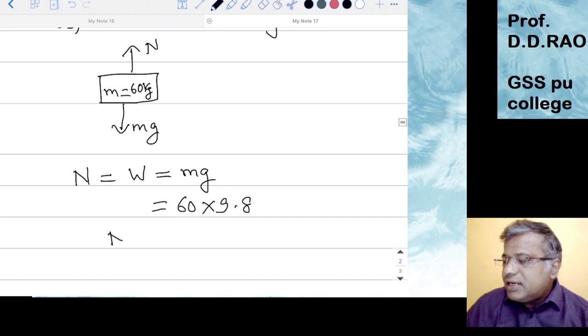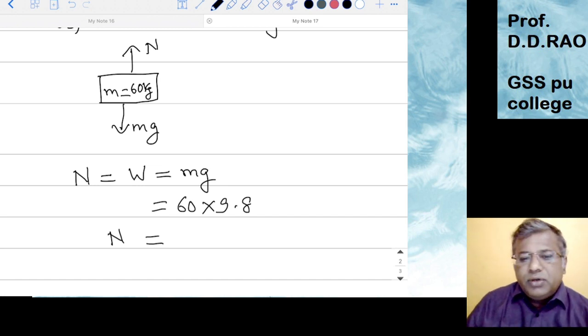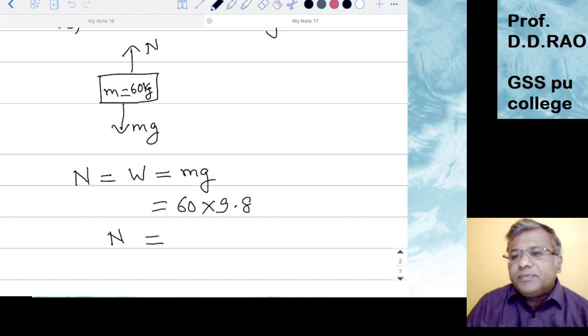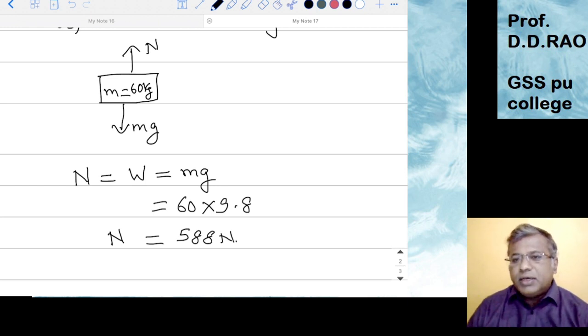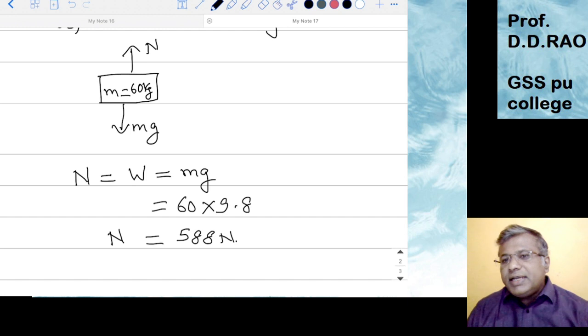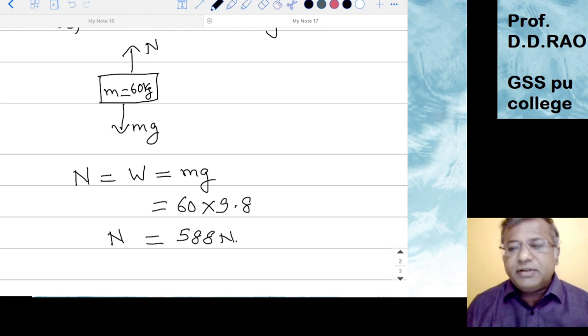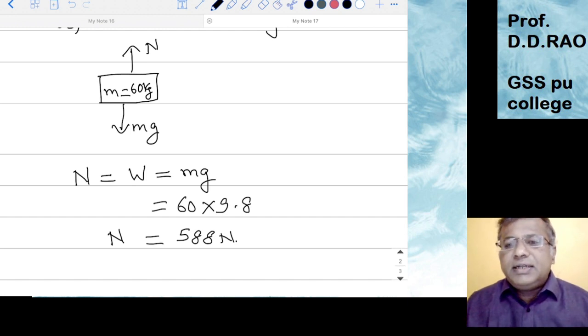With a simple calculation, that value is 588 Newton.